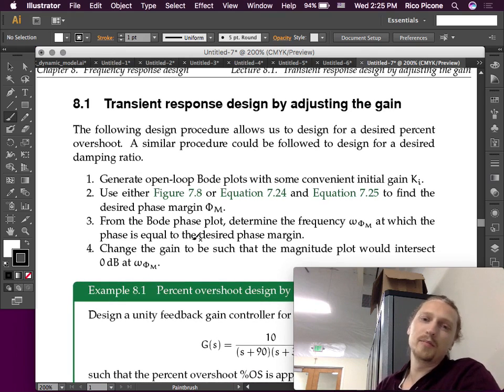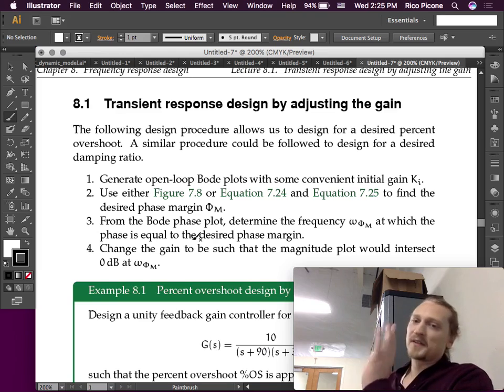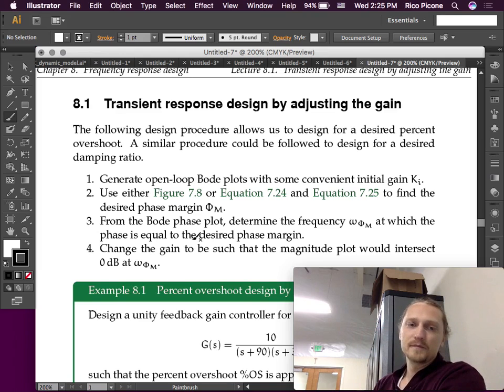Step 1: generate open loop Bode plots with some convenient initial gain Ki. We'll talk about this convenient initial gain. Step 2: use either figure 7.8 or equation 7.24 and equation 7.25 to find the desired phase margin phi m.